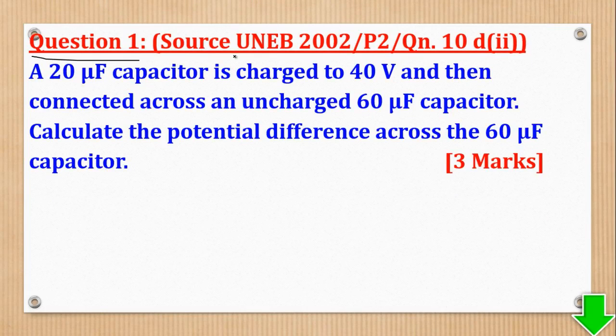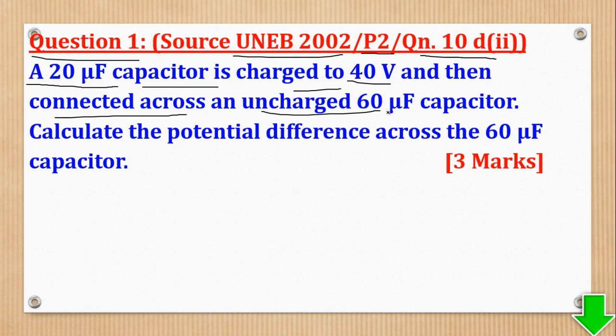Question 1 came from UNEB 2002, paper 2, question 10D, Roman 2, and says a 20 microfarad capacitor is charged to 40 volt and then connected across an uncharged 60 microfarad capacitor.